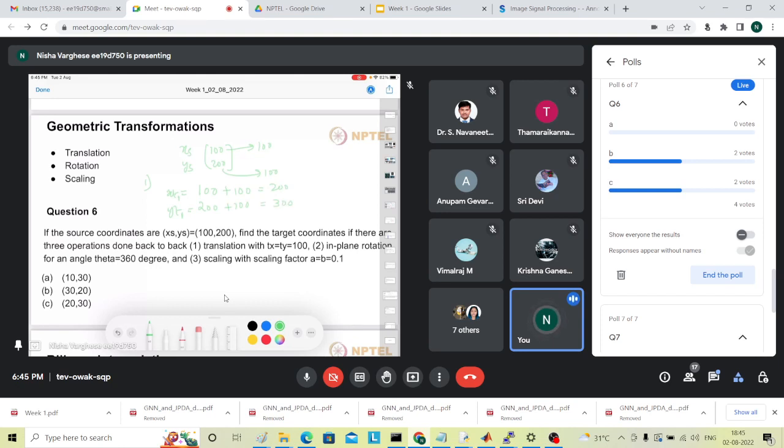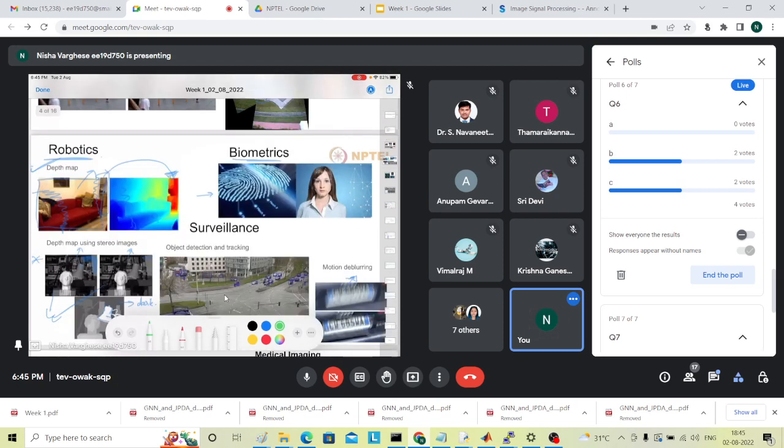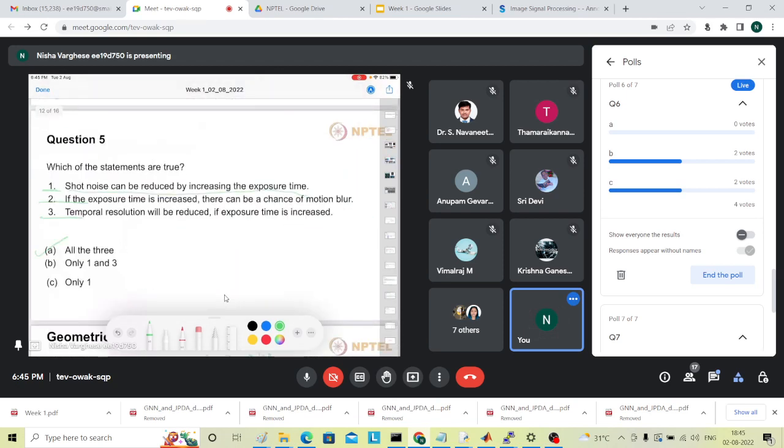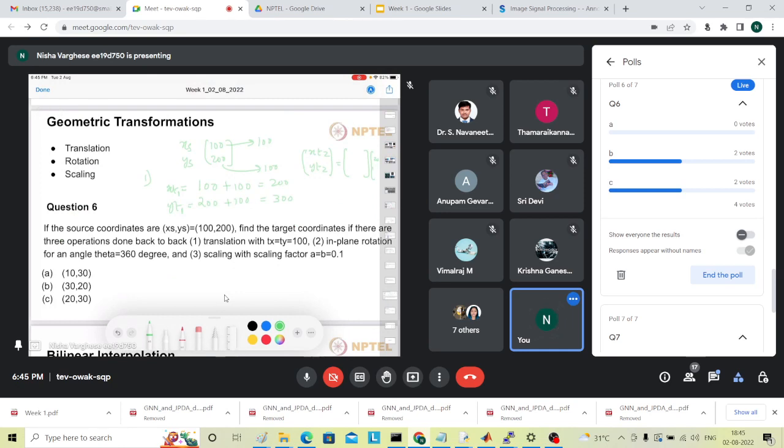Then the next transformation is what? Rotation. So xt2, yt2 will be the rotation matrix for angle theta applied to 200, 300.